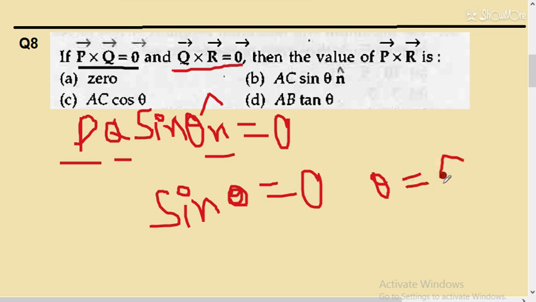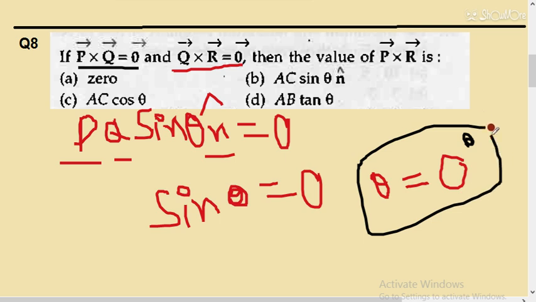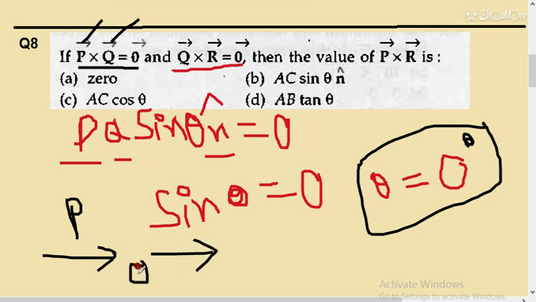For 0 degrees. So theta must be equal to 0 degrees for P cross Q, and when theta is 0, these two vectors are parallel. The angle between P and Q is 0, so P and Q are parallel.